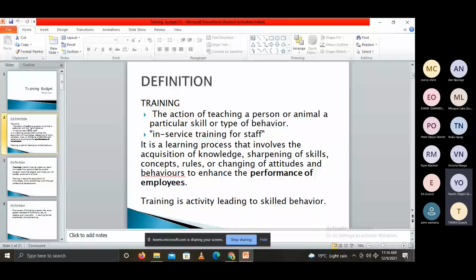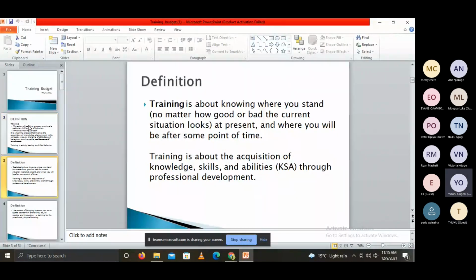I think most likely you have gone through that. You have been told that training is about knowing where you stand, no matter how good or bad the current situation looks at present, and where you will be after some point of time. Therefore, training is about the acquisition of knowledge, skills, and abilities.